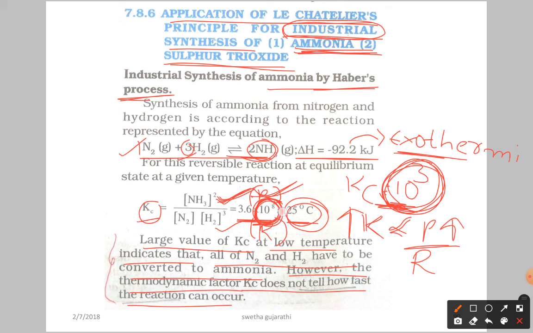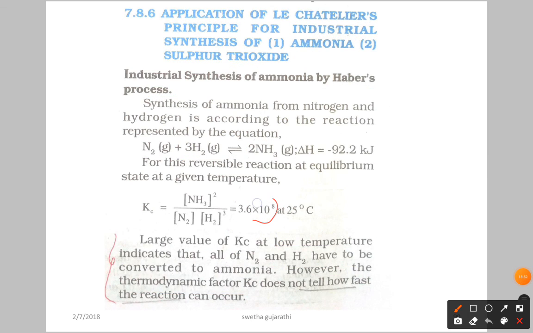Here, the value is 10 to the power of 3, it is more. You are getting the product, fine, but how much time are you taking? Your reaction is completed and you get more product, but we need the time also, it's an important factor.